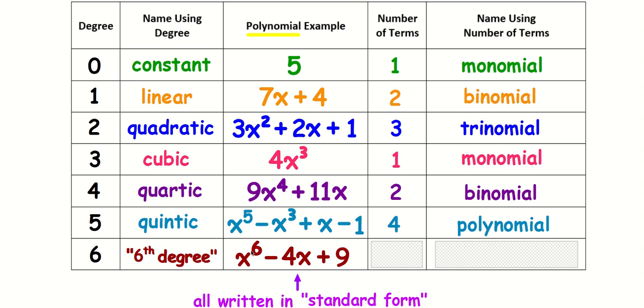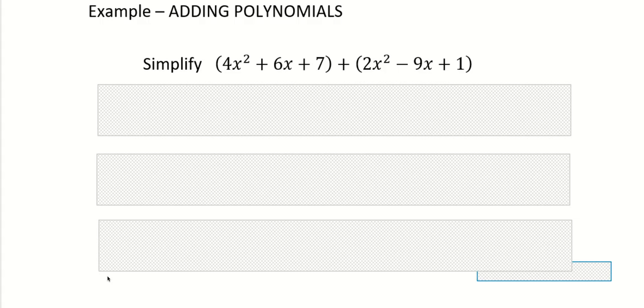The positive x to the 6th, the negative 4x, and the positive 9. That makes 3, so it's a trinomial. And again, all of these happen to be written in standard form, which meant highest exponent down. Okay, so again, pause the video or go back and pause if you needed to write all that down.